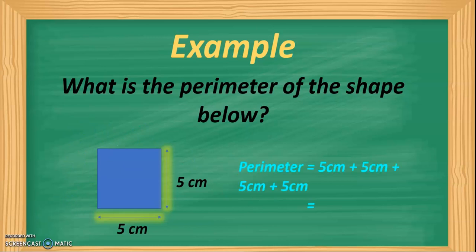So to find the perimeter of this shape, we'll have to add the distance around the figure. So we'll add 5 centimeters 4 times. Hence, our answer would be 20 centimeters. Always put back your unit.